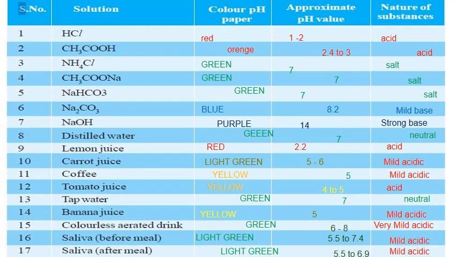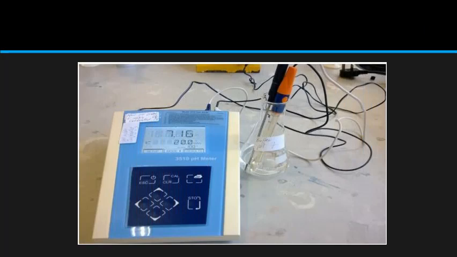Okay children, let us continue. A pH meter is used to measure pH in laboratories and also in industries. A display board will be there along with the pH meter. First of all, you have to take a conical flask with the solution of that substance and immerse the pH meter, then it will give you the pH value.